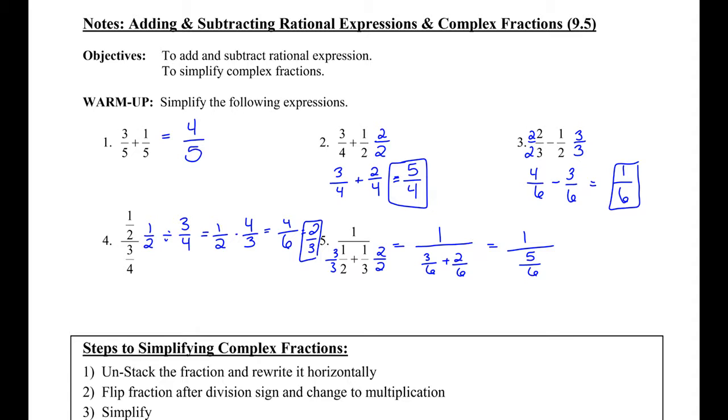Then I'm going to unstack the fractions. So 1 I'm going to think of as 1 divided by 1, and I'm going to divide that by 5/6, which means I'm really going to multiply by the reciprocal, which is 6 over 5. The answer is 6 over 5.